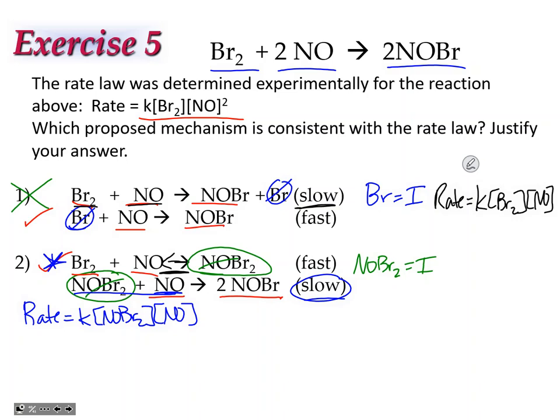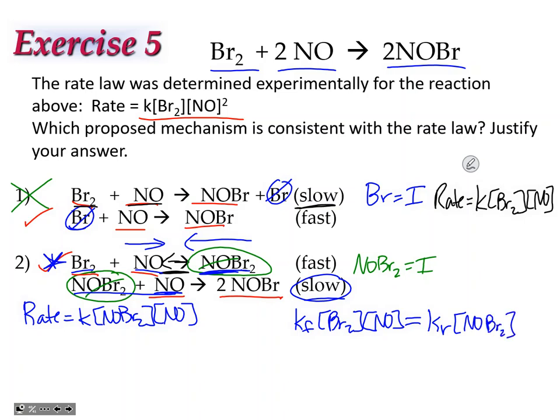So over here, we're going to have k forward times our concentration of bromine and NO. These are the 2 reactants in that particular part going forward, going this direction. But that's also going to equal the rate going the other direction, where this would be the reactant. So k reverse, like so.